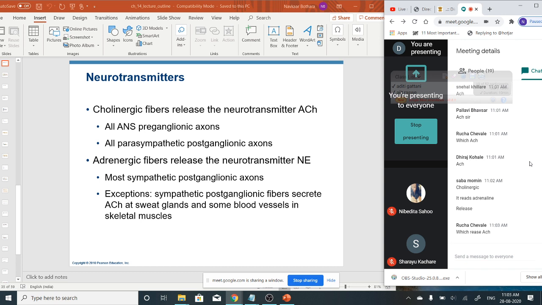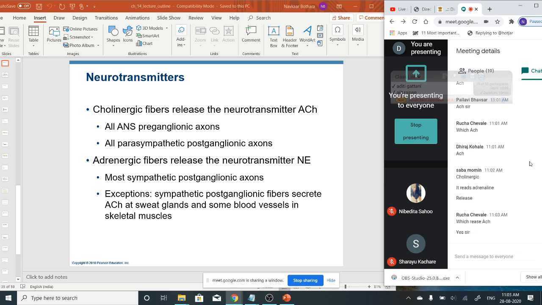So Sapa, you say that it releases adrenaline, so we'll call it as a cholinergic. Rucha says that it releases ACH, if I have to name. So I will call sympathetic as a cholinergic, isn't it? I'll call.